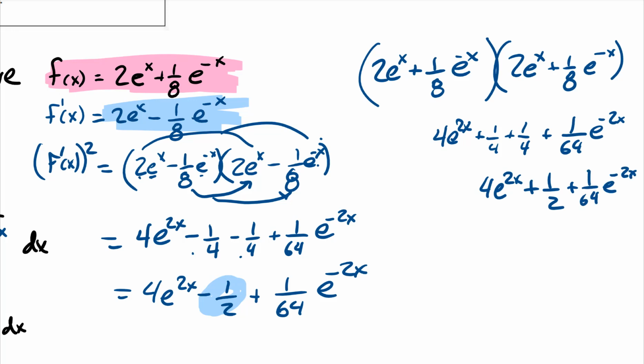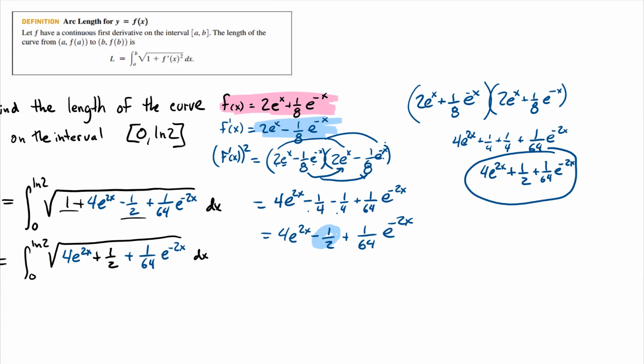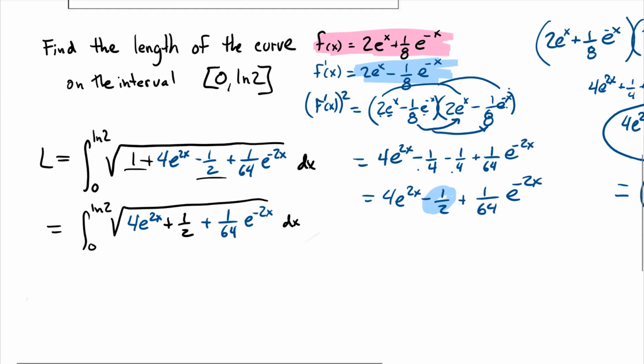So this is, oh my goodness, that's what we have in our integrand. Or actually, it's in our radicand, which is inside of our integrand. But this is purely just equal to 2e to the x plus 1/8 e to the negative x all squared. That's what's underneath our radical.